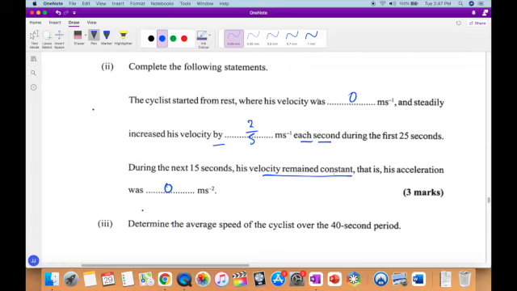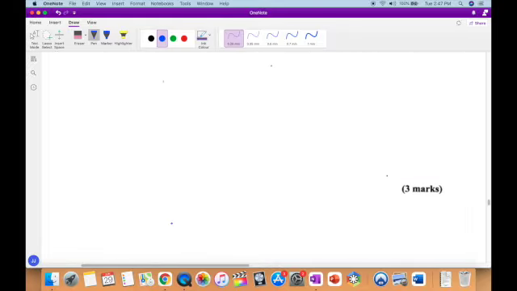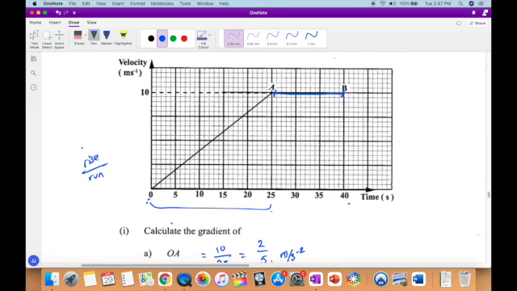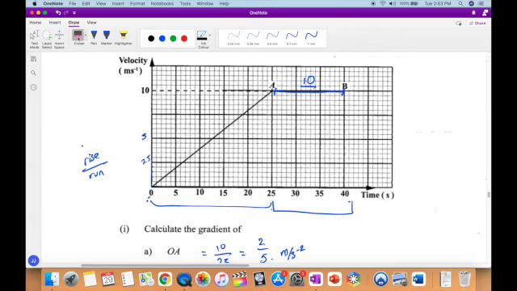Determine the average speed of the cyclist over the 40-second period. So the speed is generally distance moved over time taken. The average speed though, okay, we want to find the average speed, right?